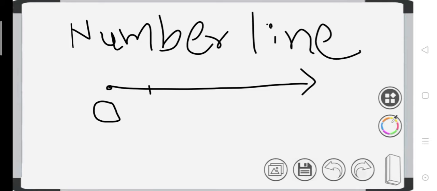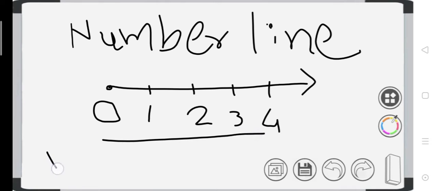Similarly, take 1 centimeter of distance and mark and label it with 1, 2, 3 and 4. Now this number line, as you can see, starts from 0. So we can say this number line consists of the whole numbers.